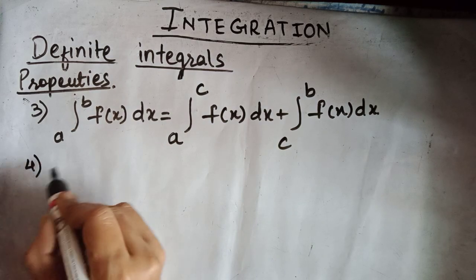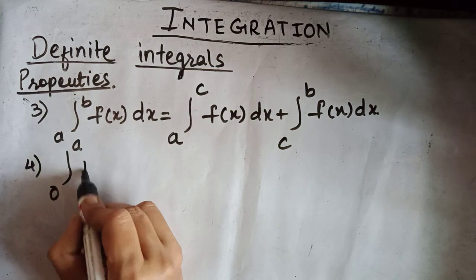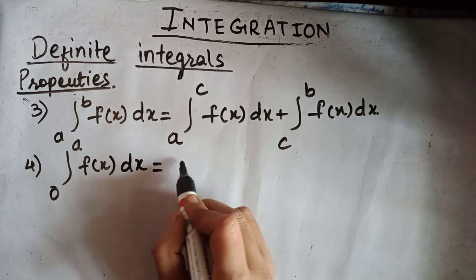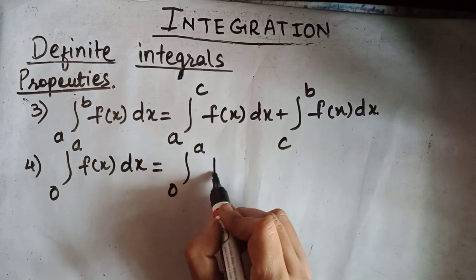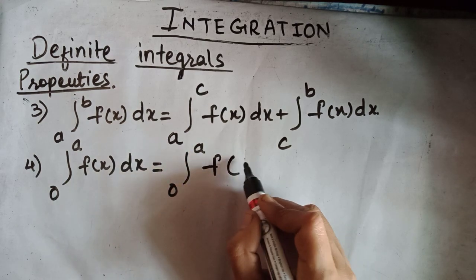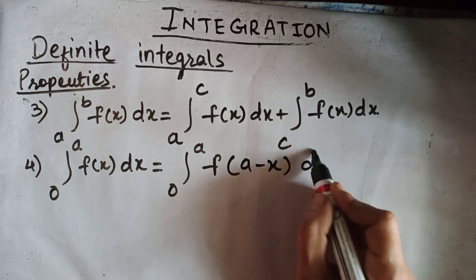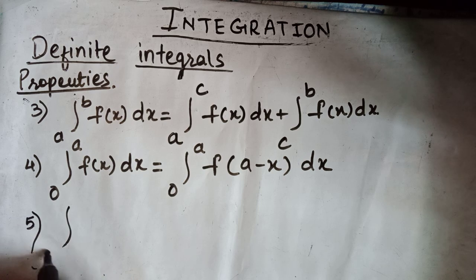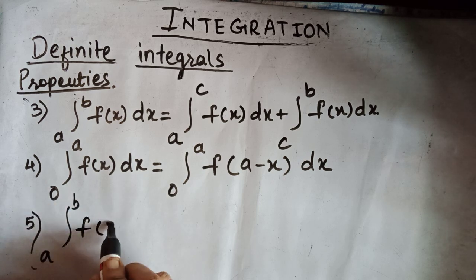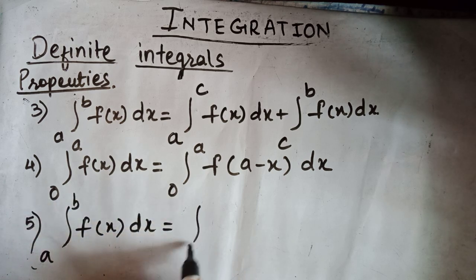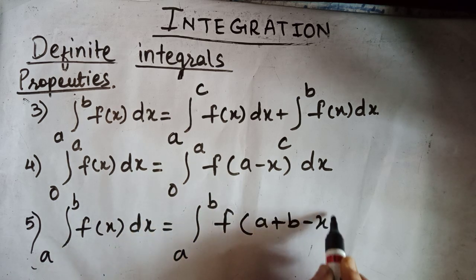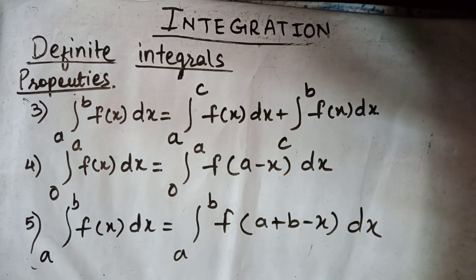Fourth is the integral from 0 to a of f of x dx. You can write this as the integral from 0 to a of f of a minus x dx. Then, the integral from a to b of f of x dx you can write as the integral from a to b of f of a plus b minus x dx. While solving definite integrals, you can make use of these properties.